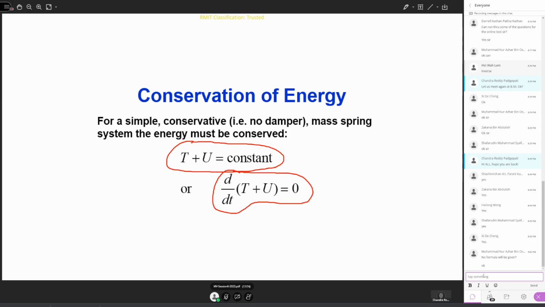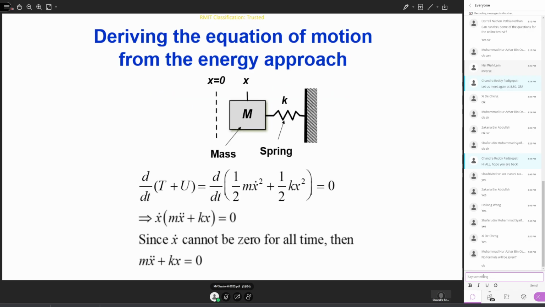So this is precisely the formula which we will be using to derive the equations of motion for the systems. So, for example, if you have a mass and spring system like this, you can write what is the total kinetic energy and potential energy in the system. So this is a very simple example. The kinetic energy is half mv square.